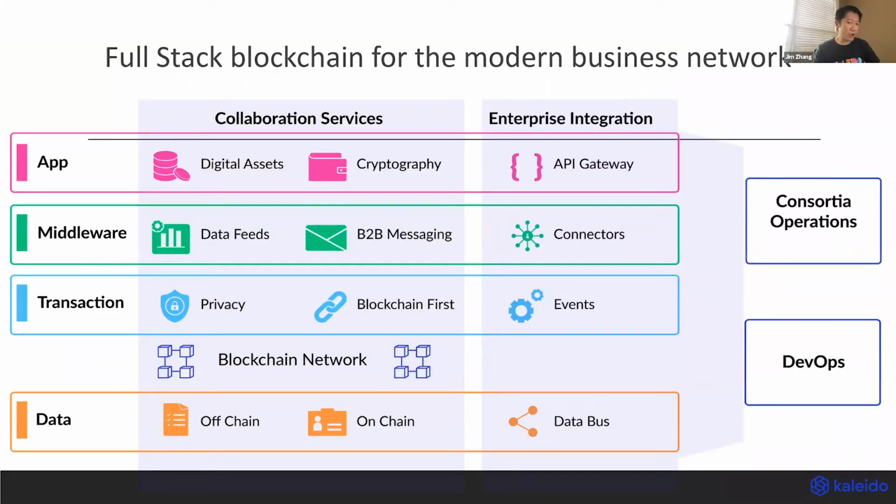And this is a quick overview of the Kaleido stack. As you can see, blockchain is the foundation, but it has many layers above it, whether that's making transaction management easier and notifying the events from transactions on the blockchain out to other systems, whether it's to connect different members with a secure messaging bus or connectors to other IT systems in the backends, or on the application layer using cryptographic techniques to do highly advanced signing or encryption or zero knowledge proofs so that they can build new novel ways of securing their data and doing data exchanges.